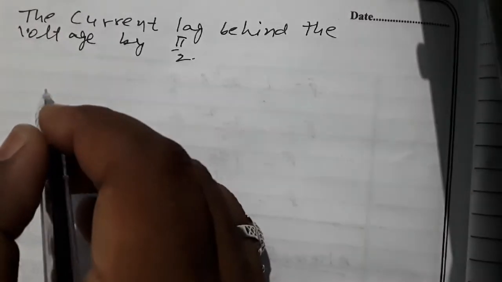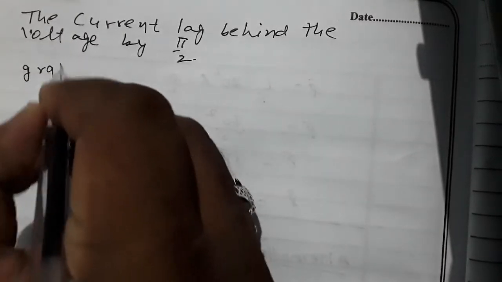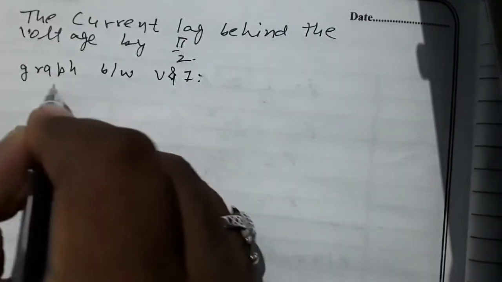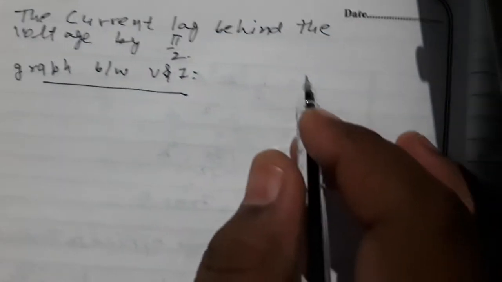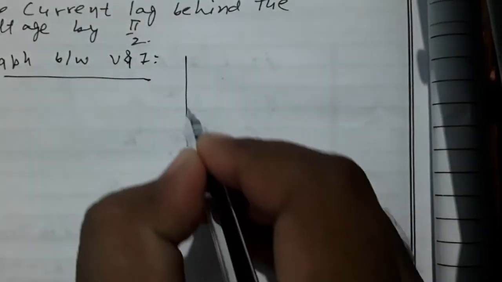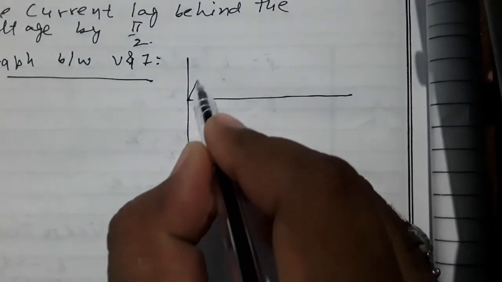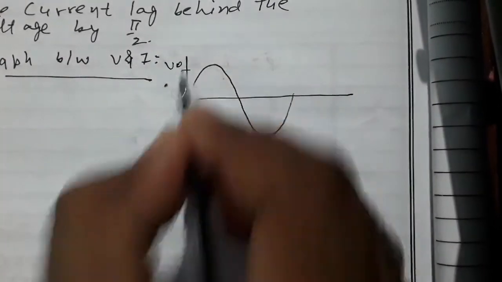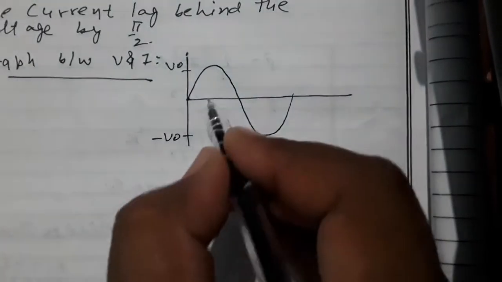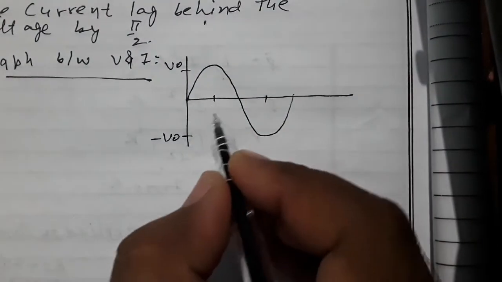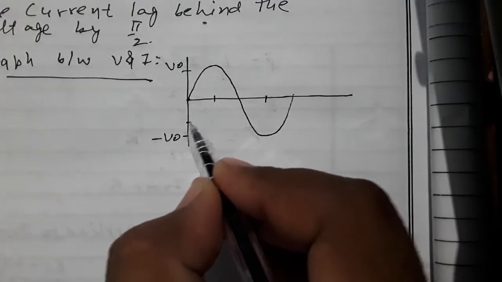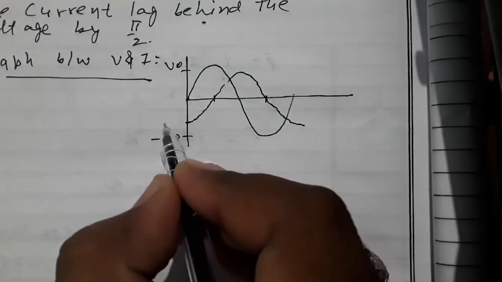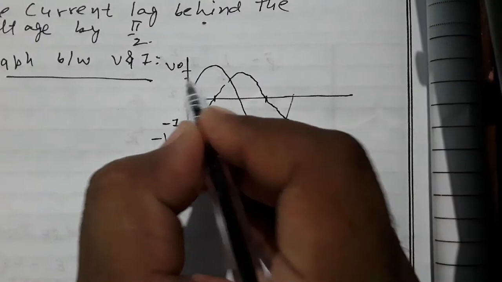Now if we plot a graph between V and I, for the voltage, minus V naught; for the current, this is minus I naught and plus I naught.